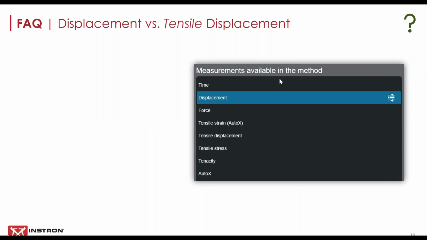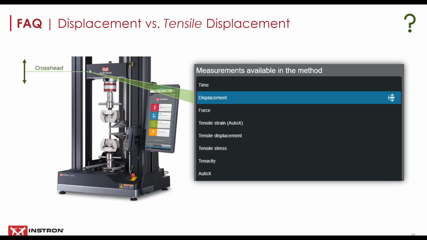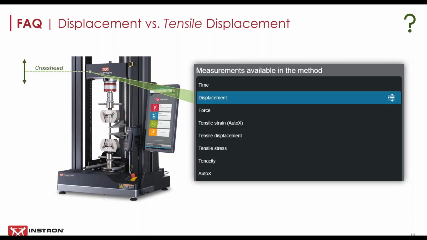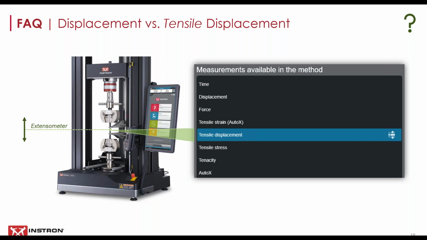When an extensometer is not being used to measure strain, your system's strain source will be the crosshead's change in displacement throughout a test. So in this case, tensile displacement is linked to the crosshead's movement. So here you can see the measurements that I'm referring to: we have displacement here, tensile displacement below, and displacement is referring to the crosshead always, whereas tensile displacement is referring to your strain source.